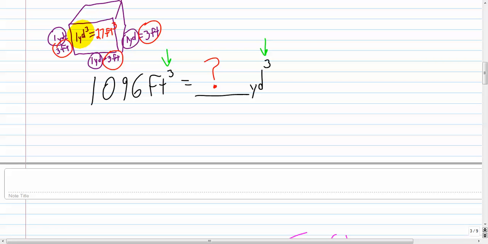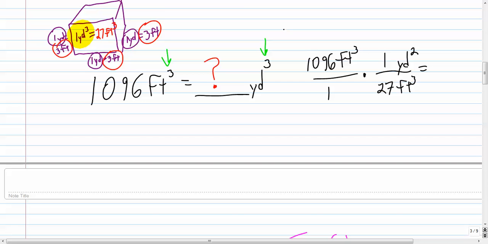So now let's just do this problem. We got 1,096 cubic feet. Put it over 1. We want to get rid of cubic feet and go to cubic yards. So what have I got here? I've got cubic yards and cubic feet. So I want my cubic feet number, which is 27, on the bottom, and my cubic yard number, which is 1, on top.